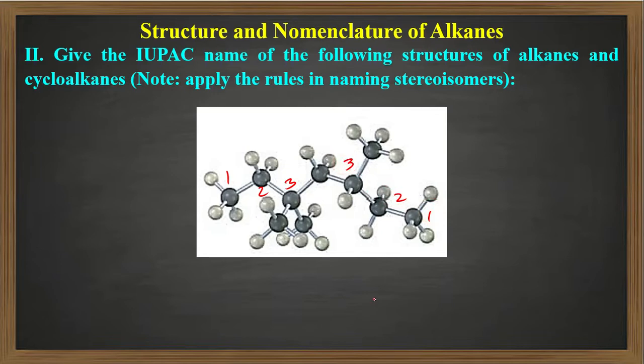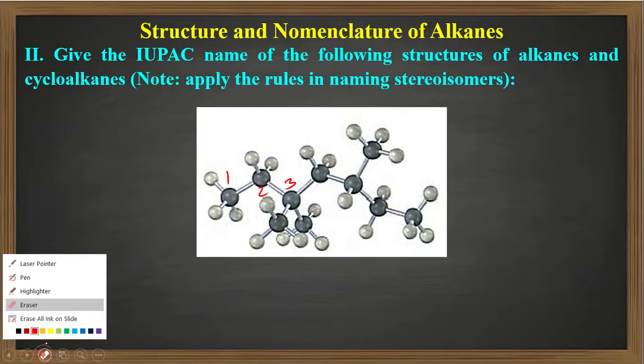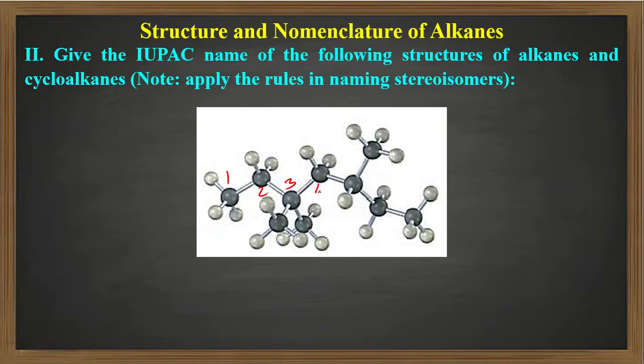Both are methyl. However, in the left to right numbering there are two methyls here. Again, the substituents should be at the lowest possible numbers on their carbon atoms. So we will follow the left to right numbering because there are two methyls in carbon number 3. So we have here carbon number 4, 5, 6, 7.